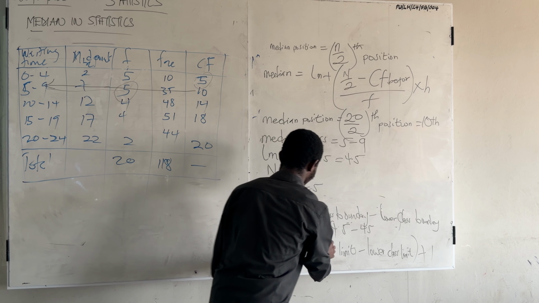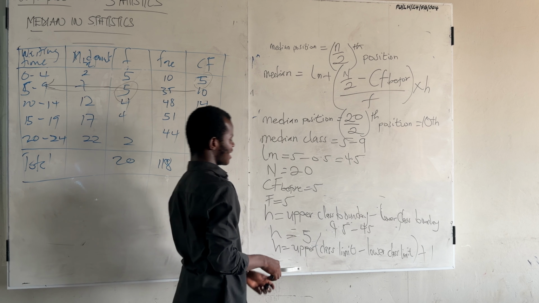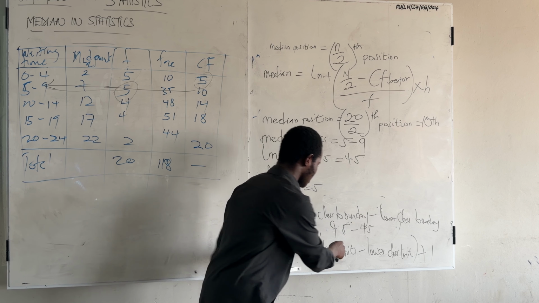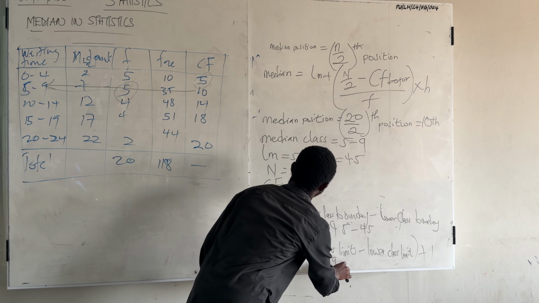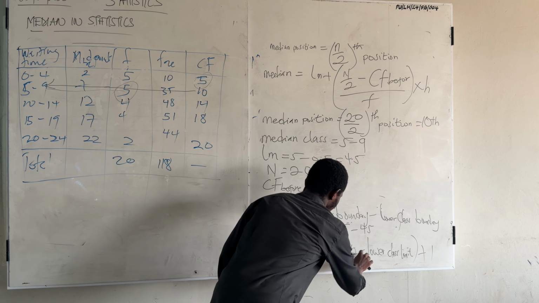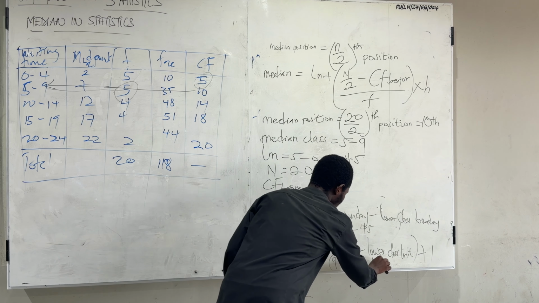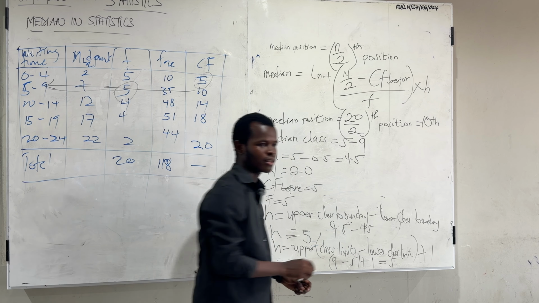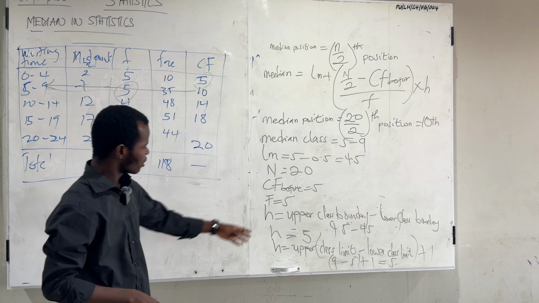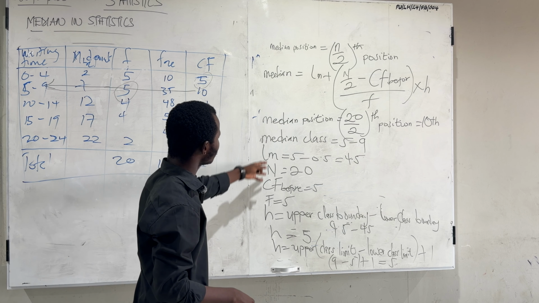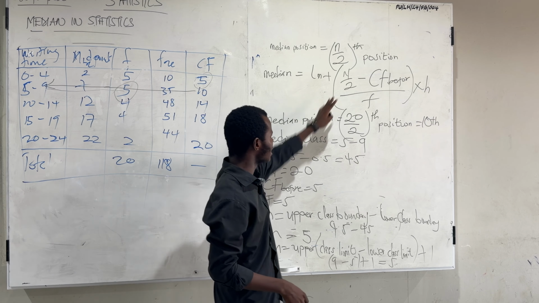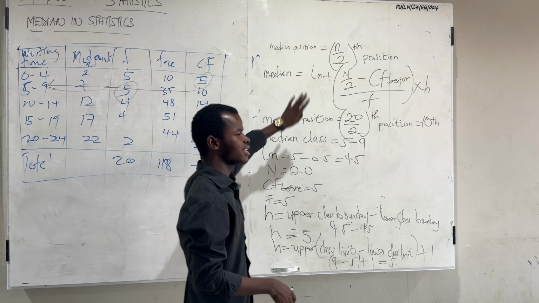I prefer that you put this in brackets. So you do 9 minus 5 plus 1, which will give us 5. So right now you have our H, you have every variable in the formula here. So you substitute everything into the formula.